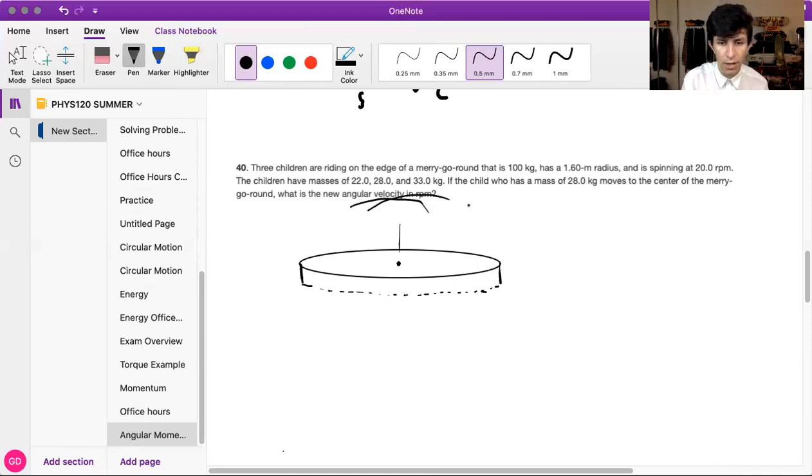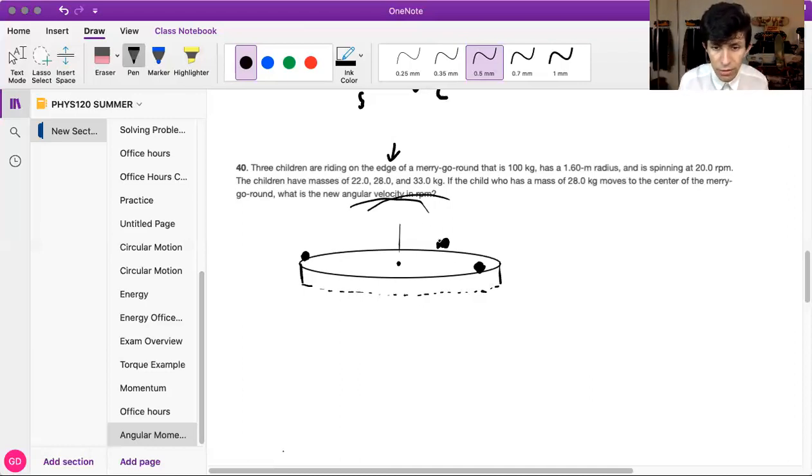Then they tell you that there are 3 children riding on it, on the edge of the merry-go-round. That means it doesn't matter where the children are with respect to how we're looking at it; they're all at the edge. The location with respect to the radius does matter, but not the location around the merry-go-round.